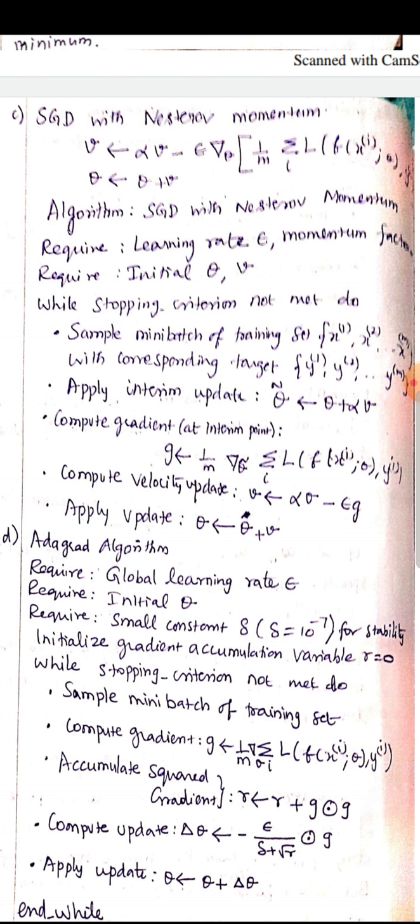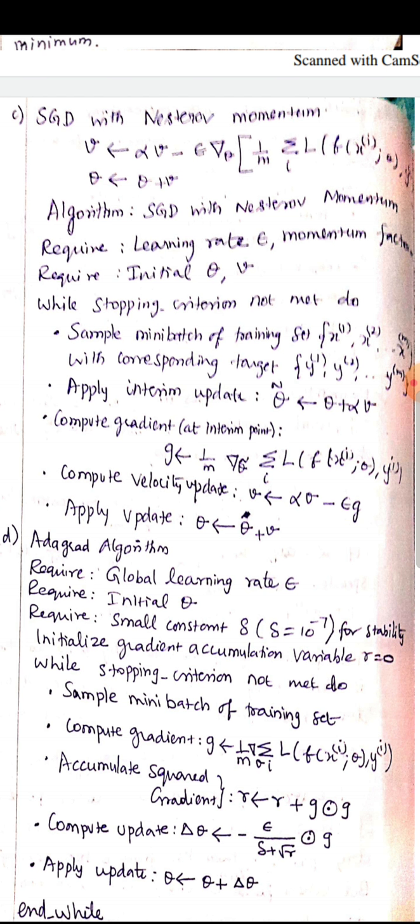The only thing is, instead of calculating our direct gradient vector as such, the velocity is going to be updated by alpha times v minus eta into the gradient of your loss function, and after that theta is going to be updated by theta plus v. And this is why we call it Nesterov momentum: it decides whether to apply that update at the end or in between.